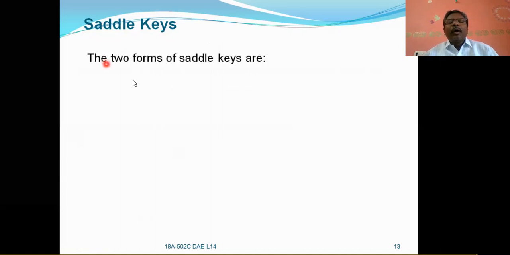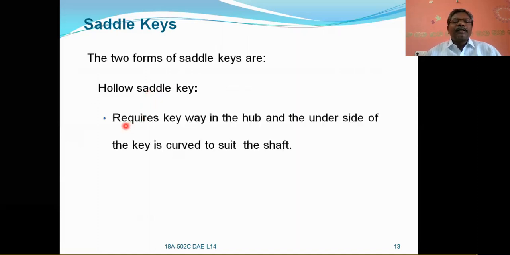Here also there are two types. These saddle keys come in two forms. Number one is the hollow saddle key, which requires a keyway in the hub.